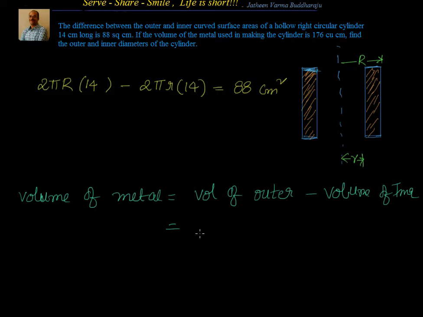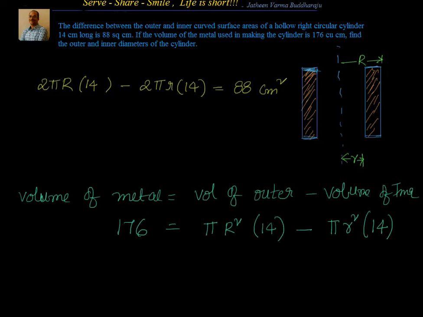So what's the volume of outer cylinder? We have outer radius, capital R, so that is pi into R square into h, which is 14, minus pi into r square into again 14, and that's given to us as equal to 176. So we have two conditions and two variables to find out.